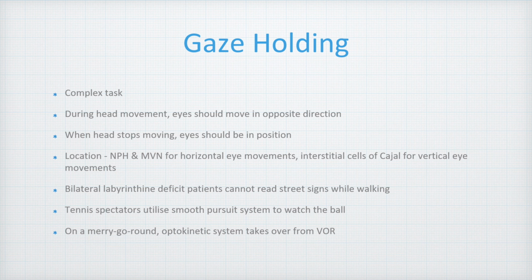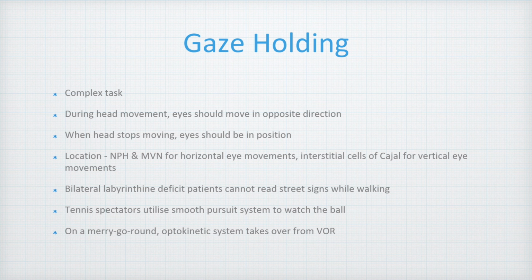This becomes difficult in situations like a moving car, an aeroplane or a merry-go-round, because from an evolutionary point of view, this is a fairly recent phenomenon and our body has not adapted to these situations. That is why we experience something known as motion sickness. Some of us do.